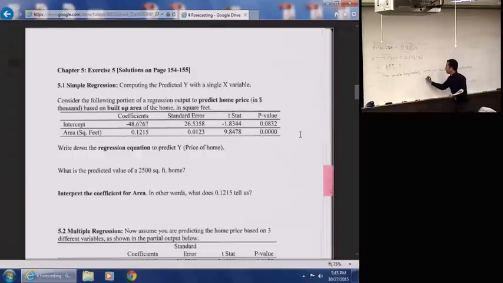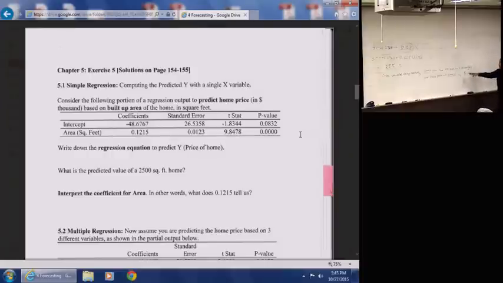Then your house price will increase, not decrease, by 0.1215, which means it's going to be $121.5.